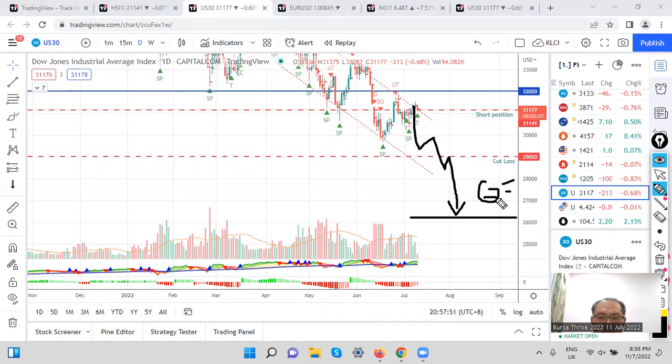I think QE is the only way the US is going to do it again. But by that time, maybe the world will split into two currencies: one is the USD, and one is the renminbi, the RMB, which is the China currency.